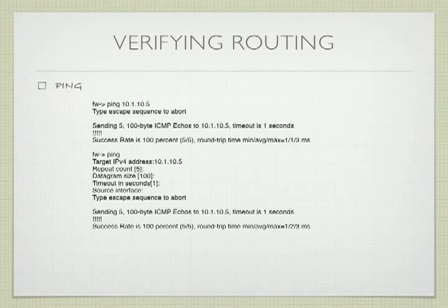So it'll prompt you then for the address you're going to go to, how many pings you're going to send, the size of the datagram if you want to be testing your MTUs or other nature, or you want to see if the data packet size is affecting the transit times. You can change the datagram size, you can change the timeout, and you can specify a source interface that the ping will be sent from.